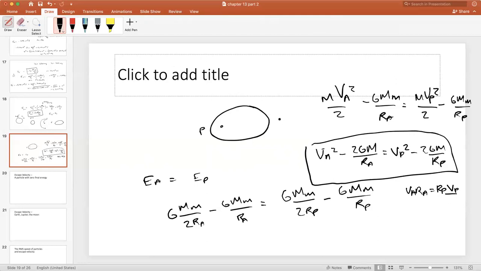This is actually a perihelion. This is an aphelion. I keep wanting to write A because it's closest to the sun, and I'm thinking A and B. Anyway, so you can use energy to find VA if you knew RA, VP, and RP. Or you could use this equation, which is a lot easier, but they should both give you the same.